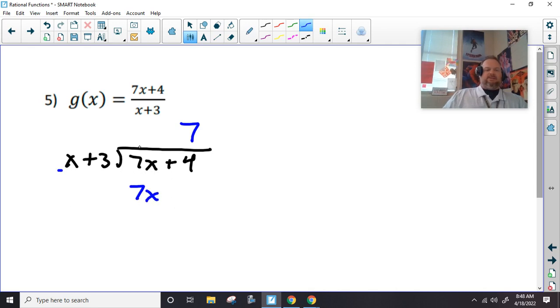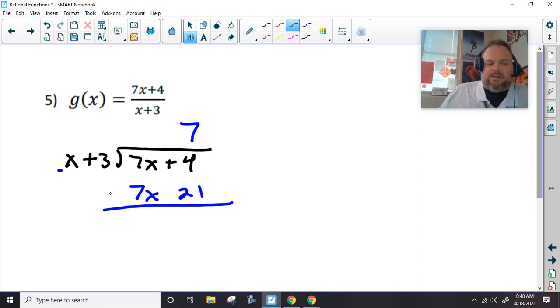So we get a 7x here, and we get a 21 right here. Now, due to the fact that this is subtraction, because you remember we'd multiply then subtract with long division, these go to 0. 4 minus 21 is actually negative 17.